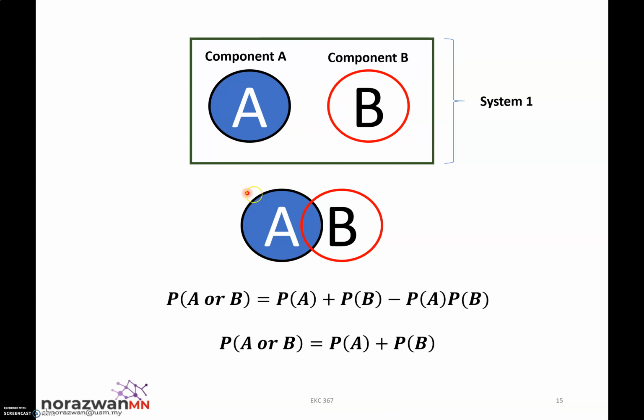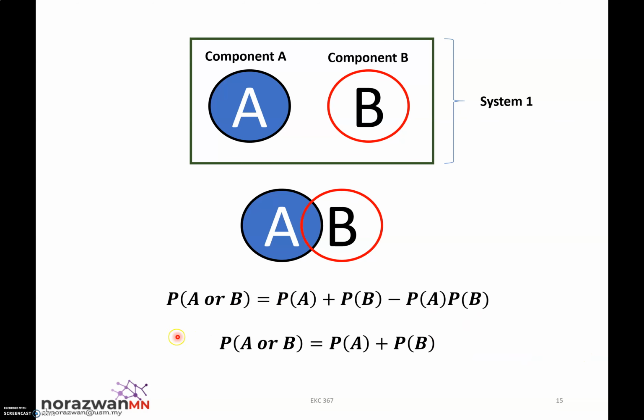However, in some cases, the area of the overlapping is very, very small, sometimes near 0.003 or 0.002. So the minus PAPB can be omitted.